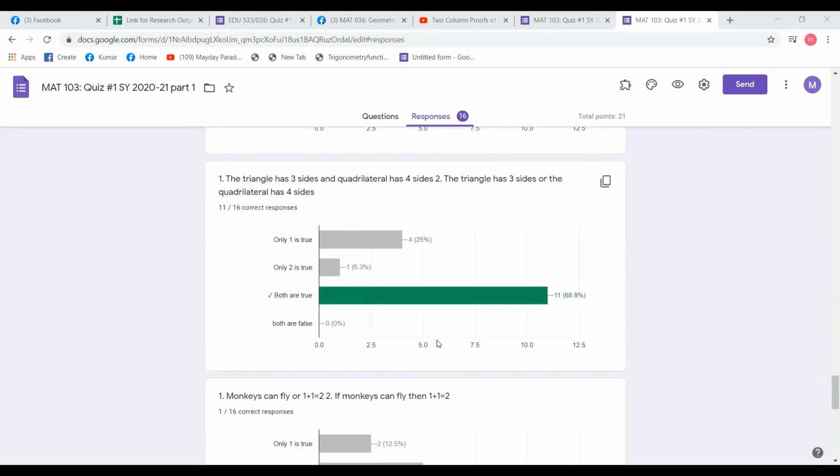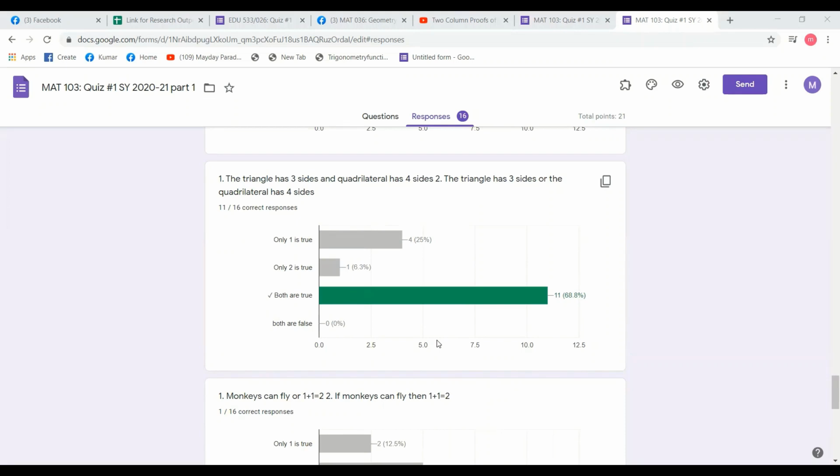For and or statements, the statement is said to be true for an and statement, a conjunction, if both statements are true and the rest is false. If both statements are true, then the statement is true. If at least one statement is false, then the whole statement is false.